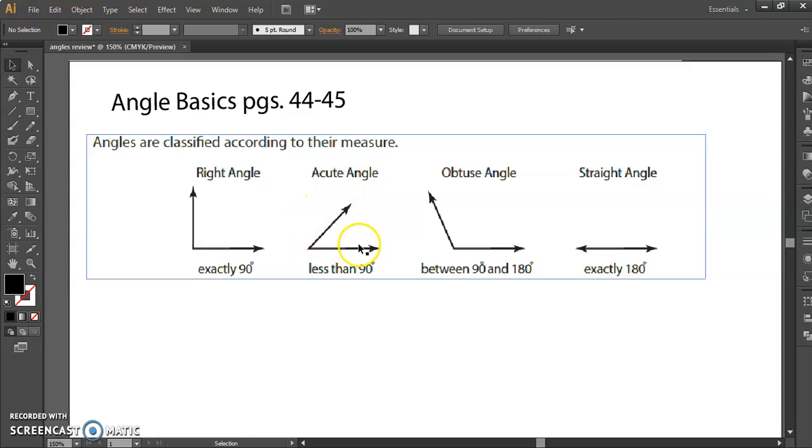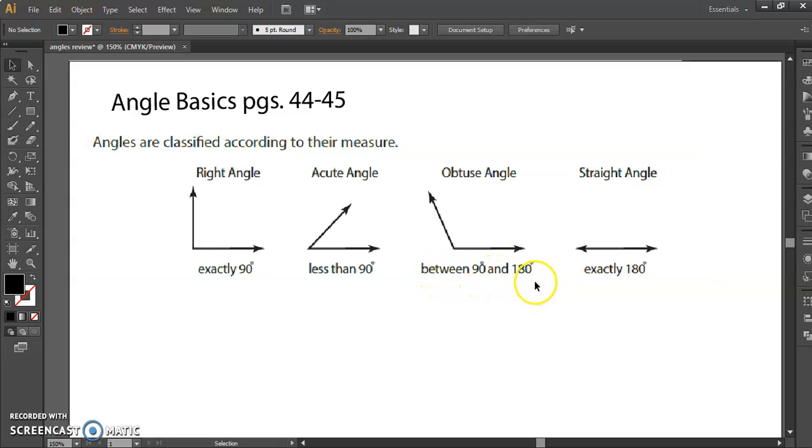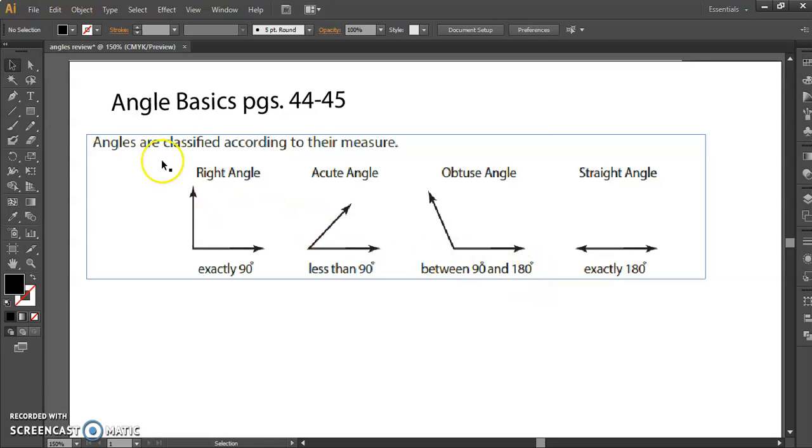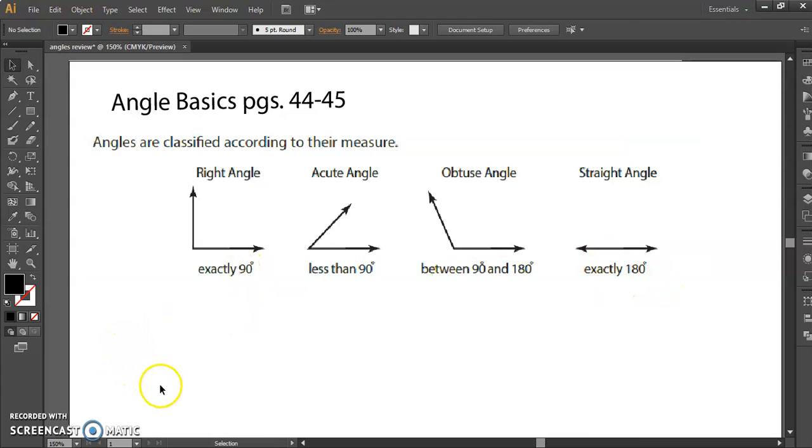We have an acute angle, which is less than 90 degrees. Obtuse angles are between 91 degrees and 179 degrees, because they're between the right angle and the straight angle. And the straight angle is pretty much just a straight line that is exactly 180 degrees.